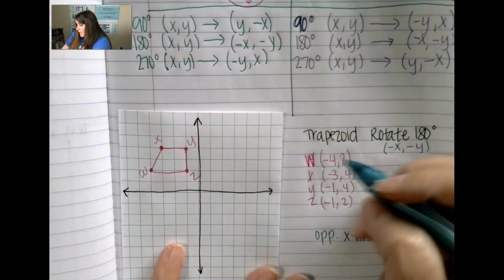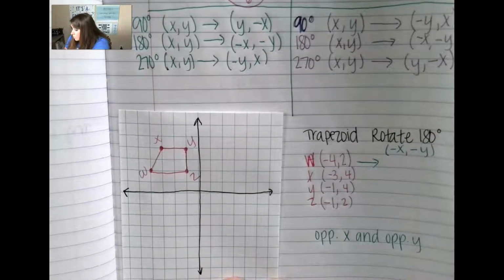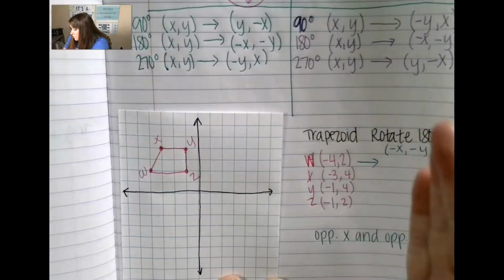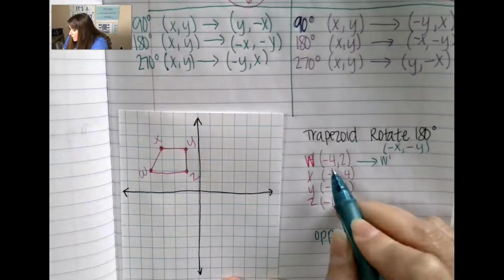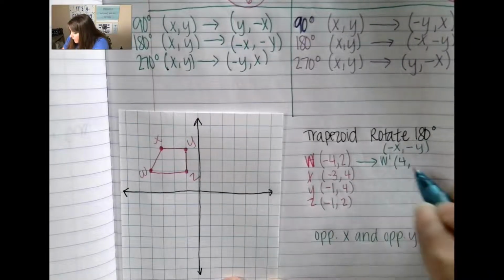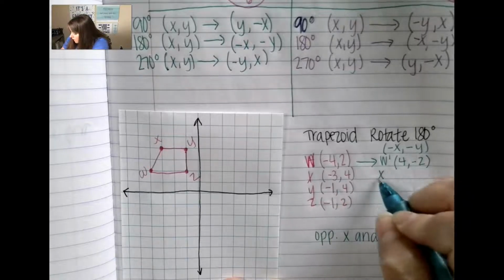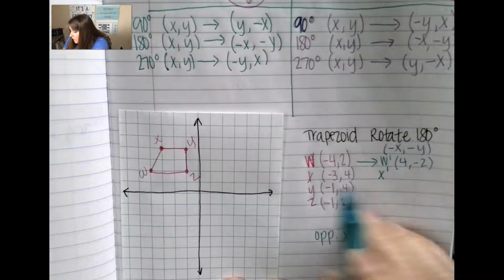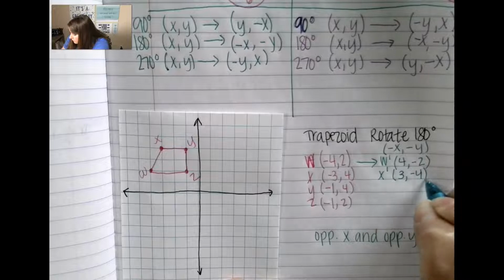So let's go ahead and transform this figure to its new image. So W image 1 is going to be the opposite X value, which is 4, and the opposite Y value, which is negative 2. The image of X is going to be opposite and opposite.